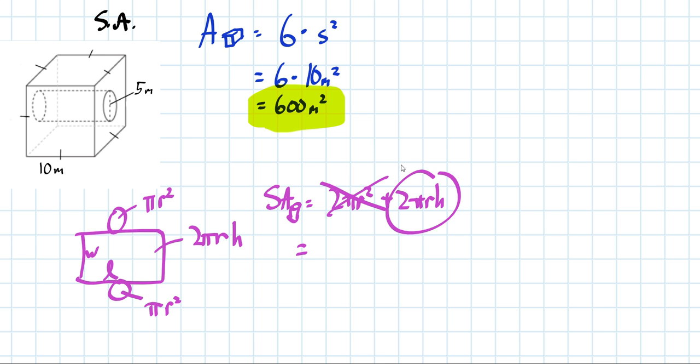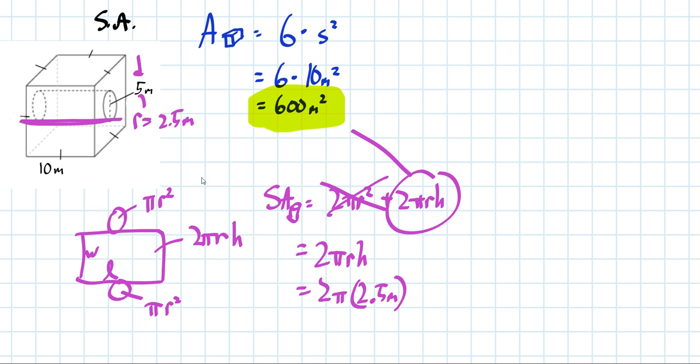The part we need to add on, so this drill has added a surface on the inside that you could touch inside that cube. We need to add on 2 pi r h, which is 2 times pi times the radius of the circle. If that's the diameter, 5 meters, the radius is 5 over 2, or 2.5 meters. So the radius is 2.5 meters, and the height from here to there is 10 meters.